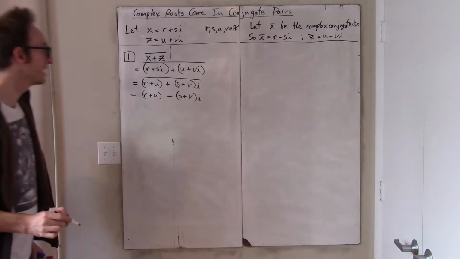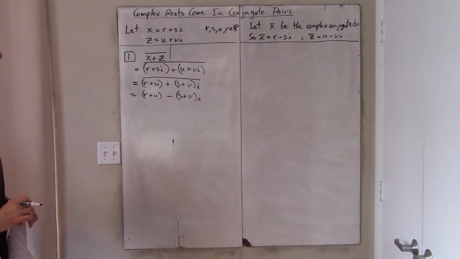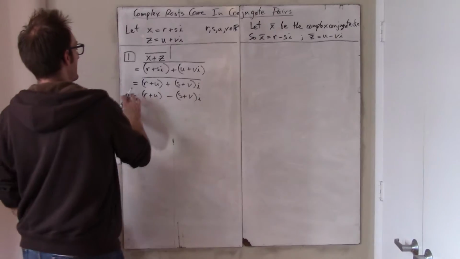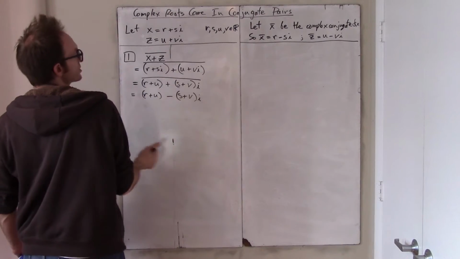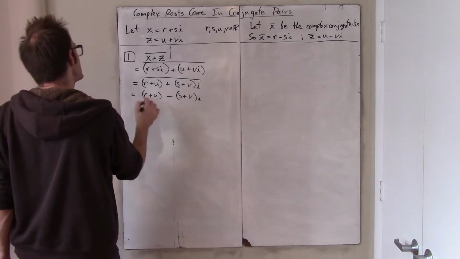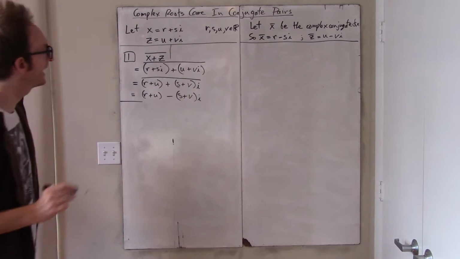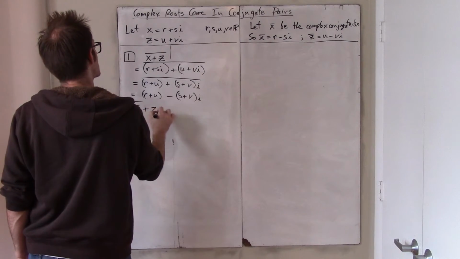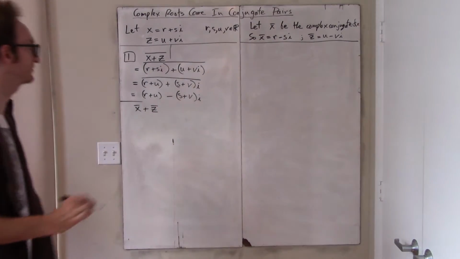Okay, cool. Of course, that is true, but the lame way to do it is to just stop and observe that that's true. Maybe we'll just do it the lame way. And then separately, what is the conjugate of x plus the conjugate of z?